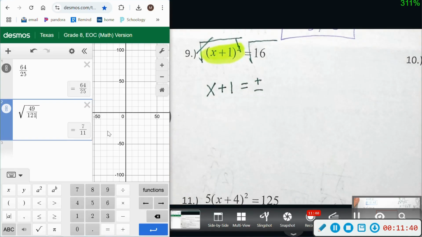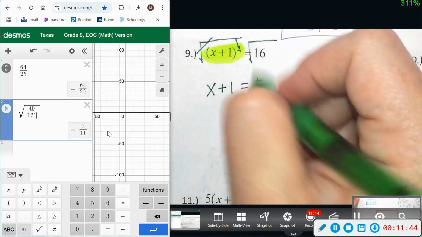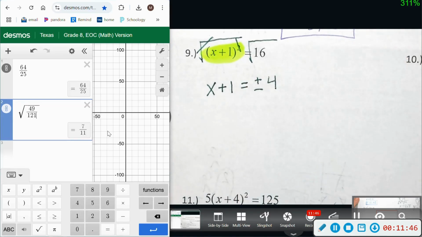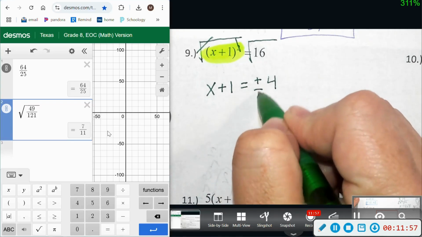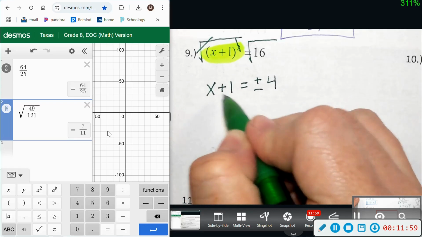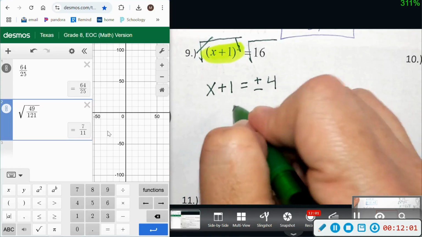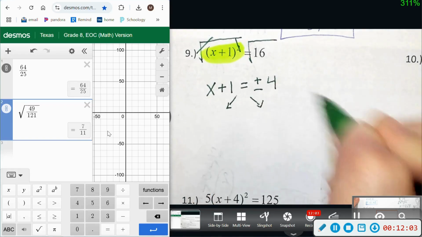Well, what's the square root of 16? 4. No. We already took the square root. Now, because I have 2 answers and I don't have an x by itself, I'm going to have to separate before I solve.